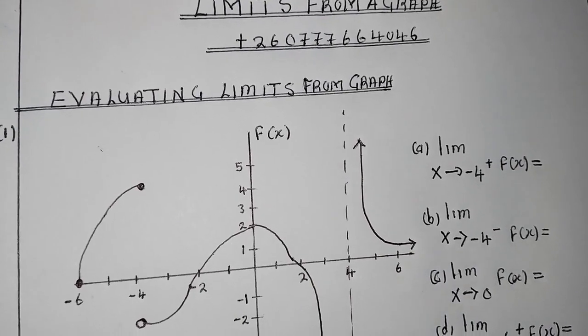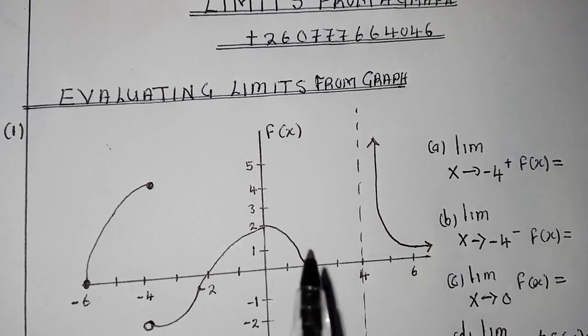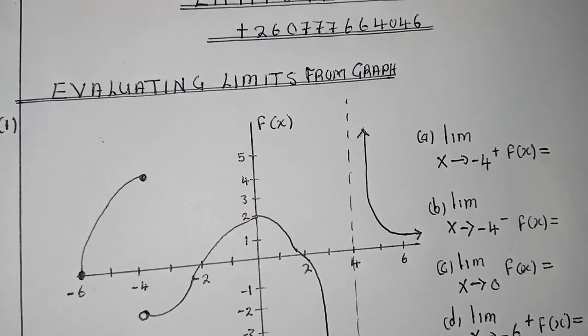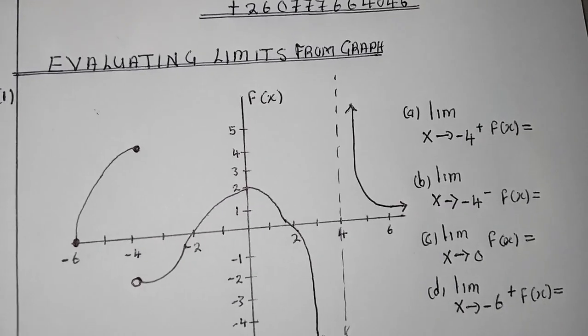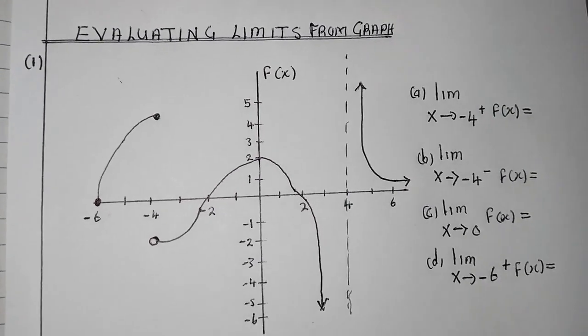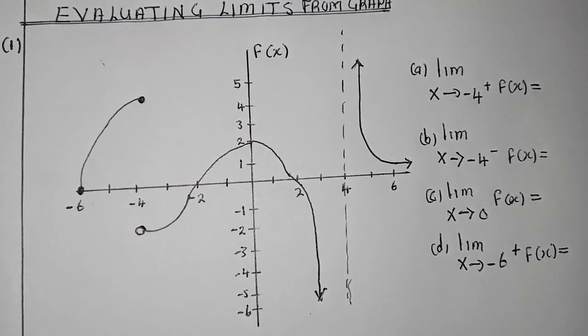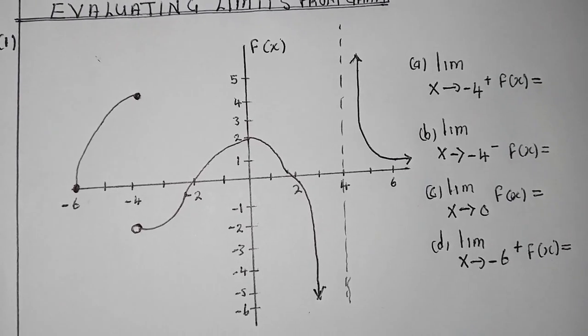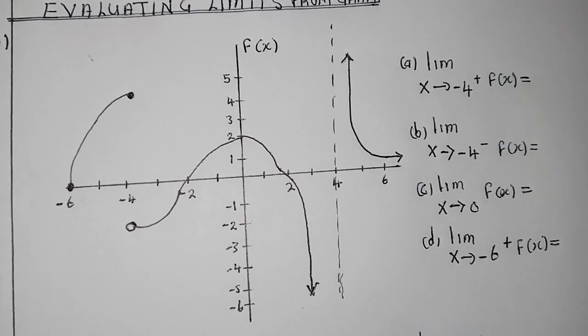So for example, we have been told to evaluate limits from the following graphs. How then do we find the limits from the graph? I'll try to give you an overview of what a limit is simply from these interesting graphs.